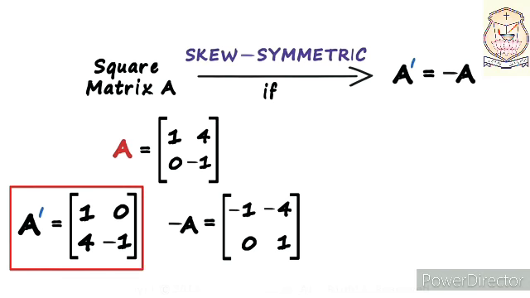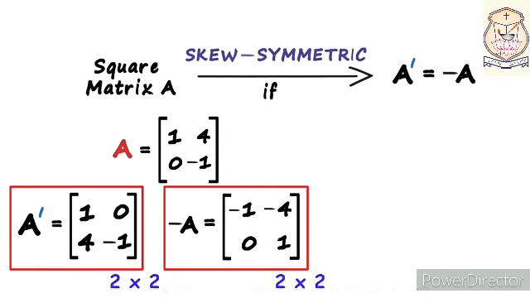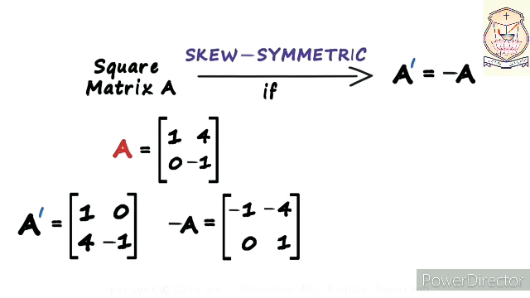The orders of A transpose and negative A are equal, but are the corresponding elements equal? 1 is not equal to minus 1. Even if one set of corresponding elements are not equal, we can say that the matrices are not equal. We don't need to check the rest. So A transpose and negative A are not equal. And hence, matrix A is not skew-symmetric.